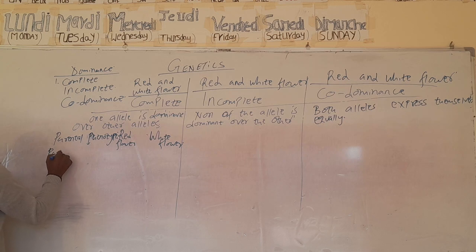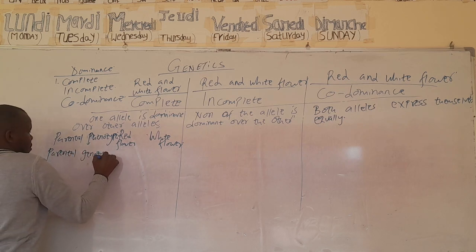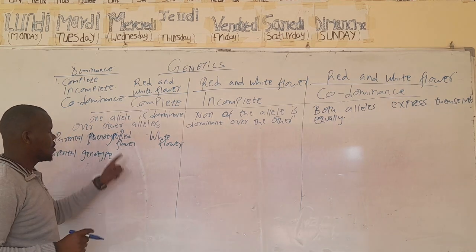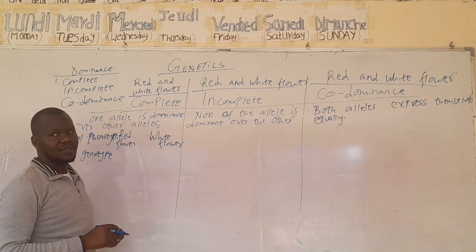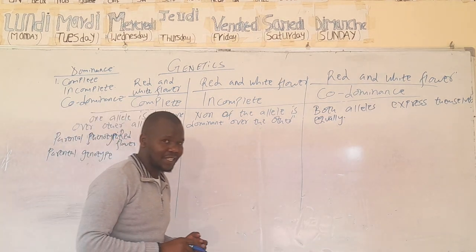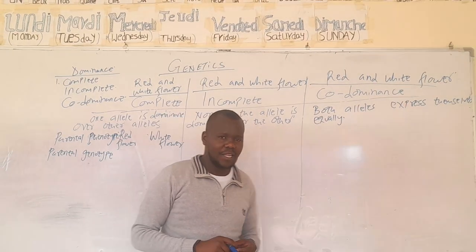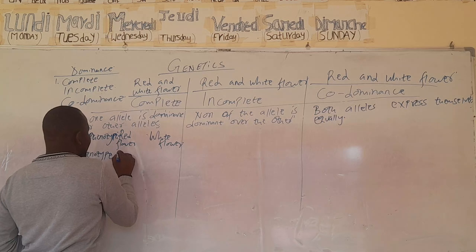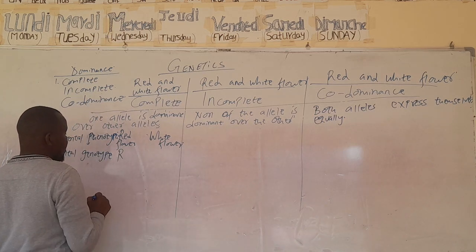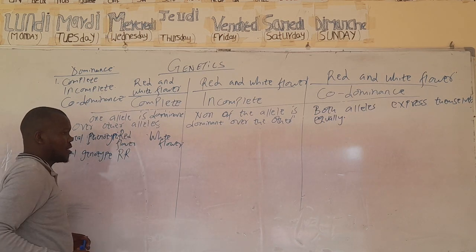Then you have the parental genotype, and we will use capital R to represent red and small r to represent white. So you have the red allele, let's say that is dominant.